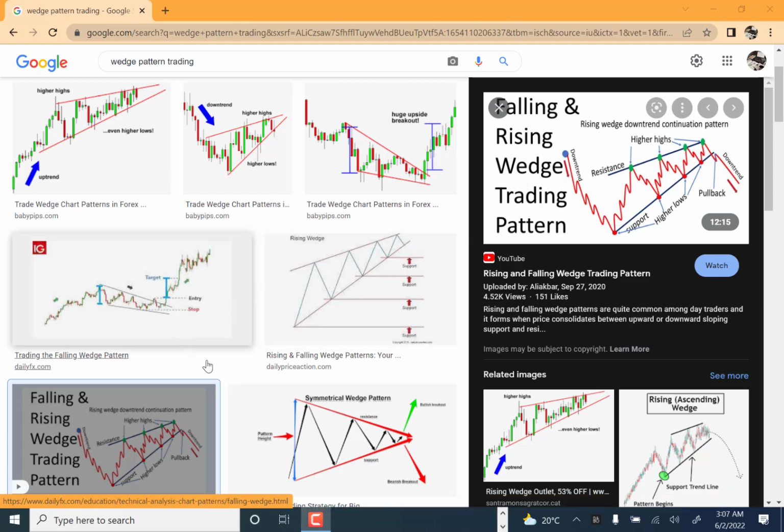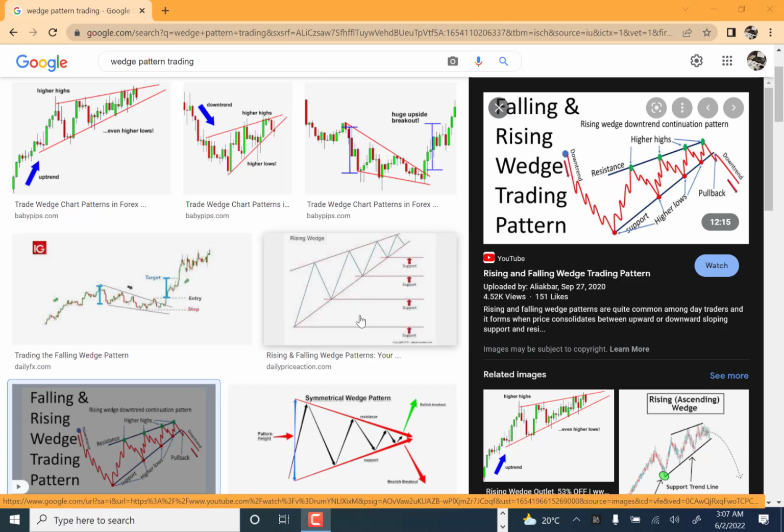This is a rising wedge. There's also a falling wedge. A falling wedge is where, obviously, this pattern is an example. This is a falling wedge.